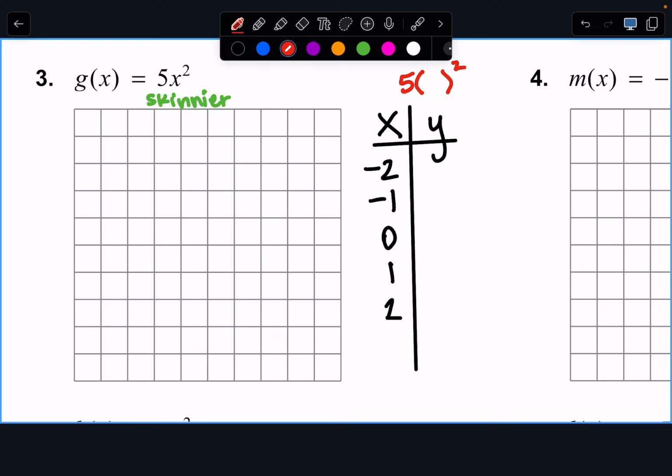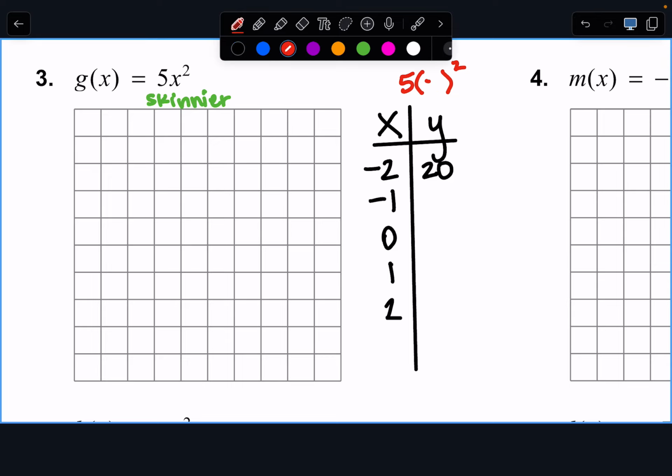So if we plug in -2, we have 5 times -2 squared. So it'd be 10x squared. So it would just be 10 squared. No. We got to do our exponents first. -2 squared times 5 would give us 20.